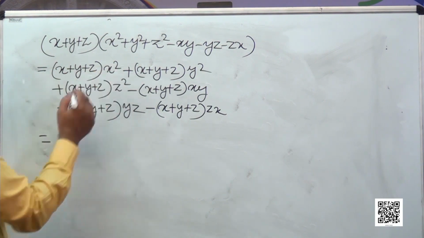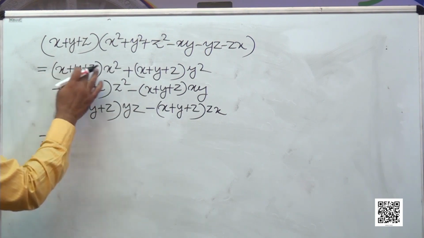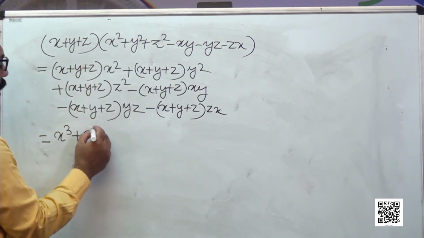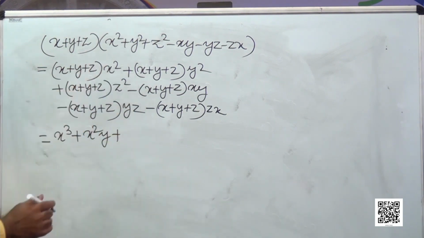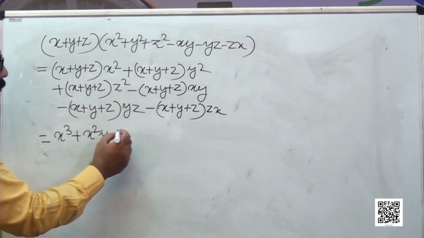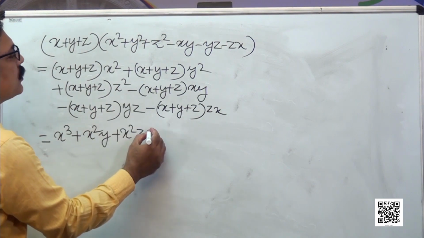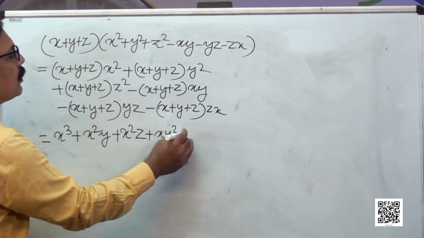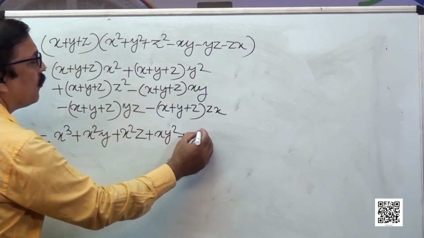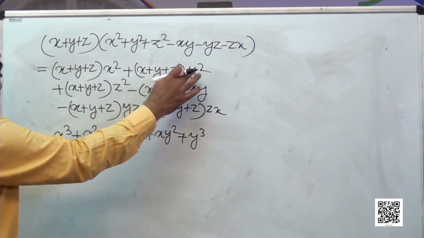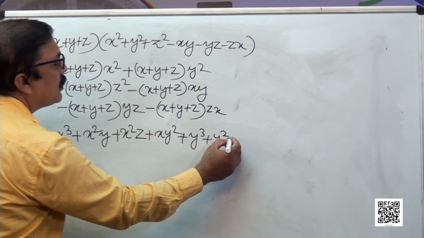If we multiply in the first one, we have x square into x gives x cube, plus x square into y, x square y, plus x square into z gives x square z. y square into x gives xy square. y into y square gives y cube, and z into y square gives plus y square z.